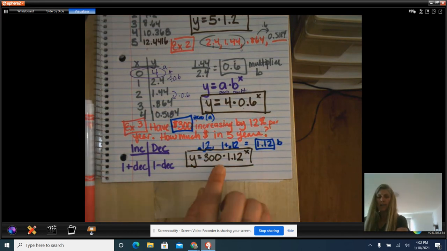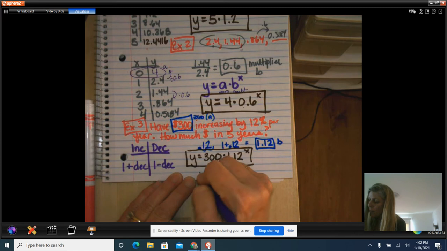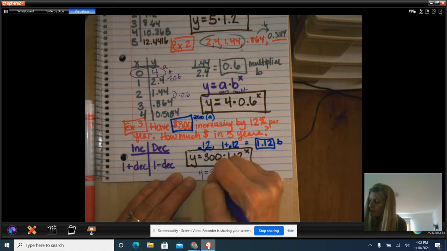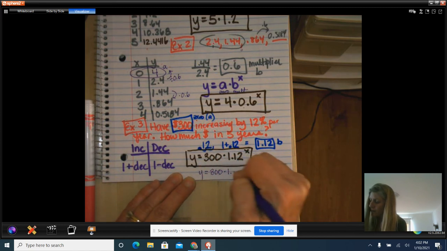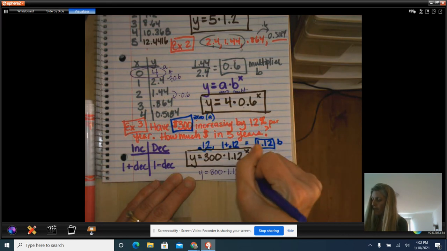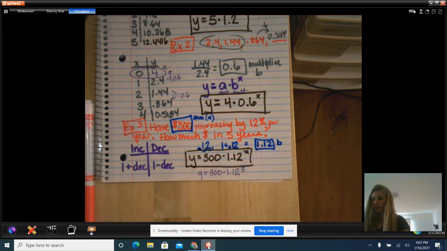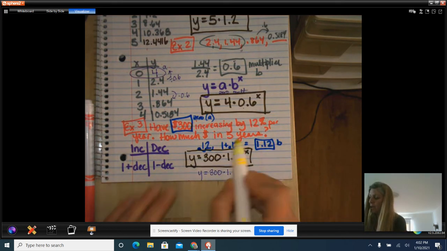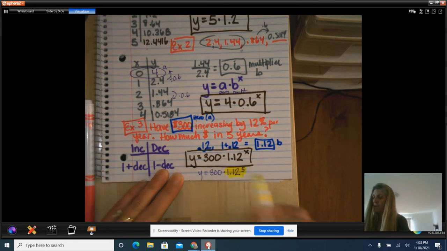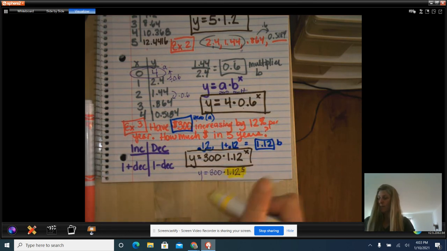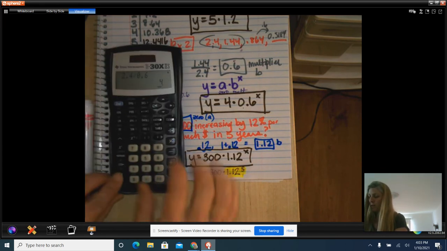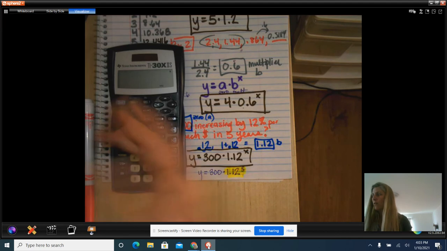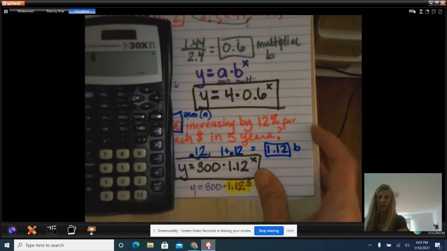So we're going to go ahead and solve this problem, but we are going to substitute for x of 5. Now, remember as we're doing this that we need to use order of operations. And order of operations tells us that we do exponents before multiplication. So we're going to go ahead and solve this in our calculator first, our exponent. Then we're going to multiply it by 300 to find our answer.